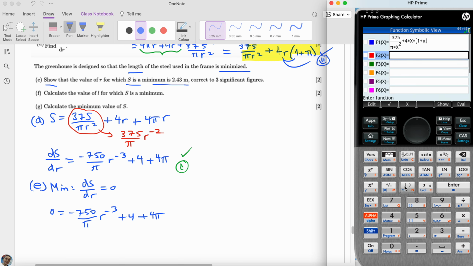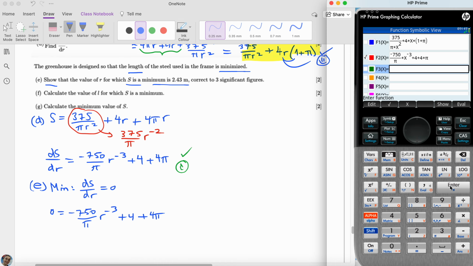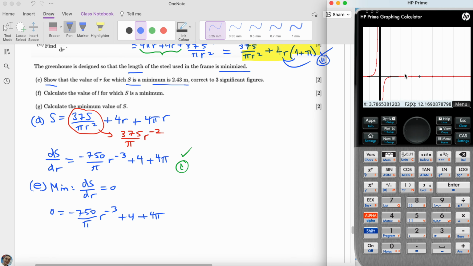Let's throw the derivative in, minus 750 over pi. Now, of course, you could show this algebraically, but for the love of God, don't. So, plus 4, and then plus 4 pi.